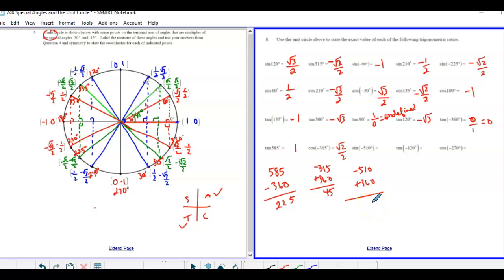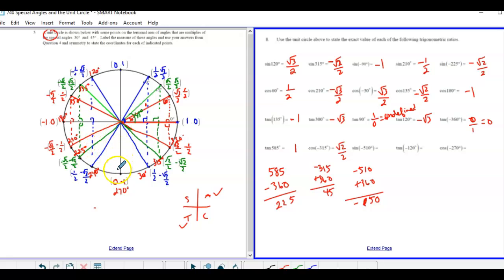So 510 minus 360 is 150. Negative, okay, so negative 150. Again, you could add 360 again, but there is your 90.